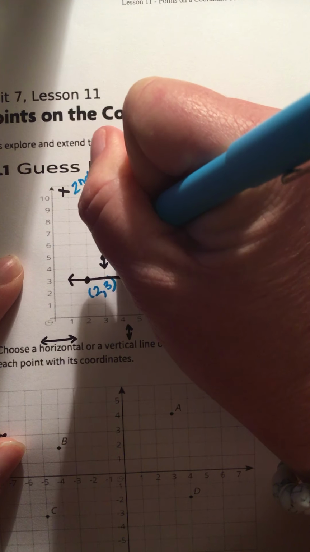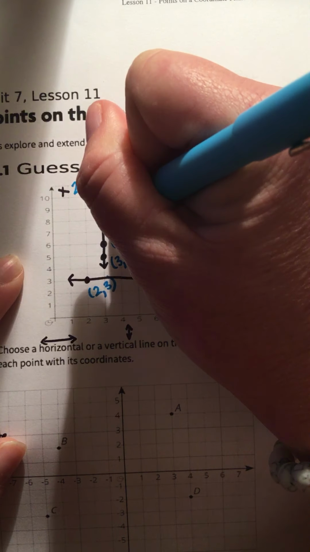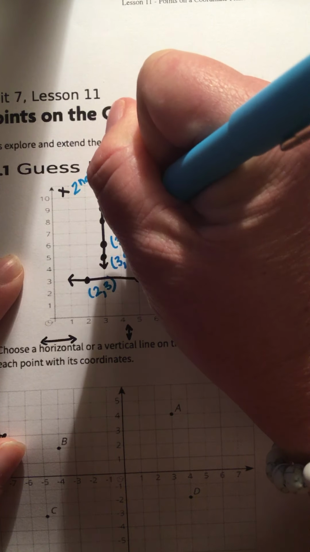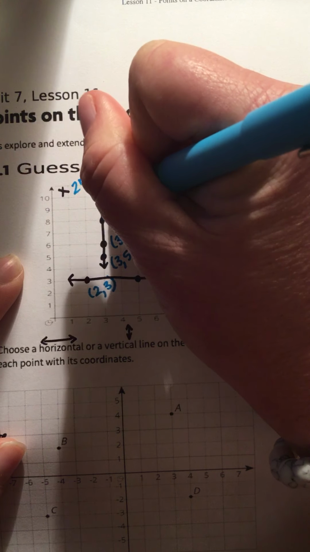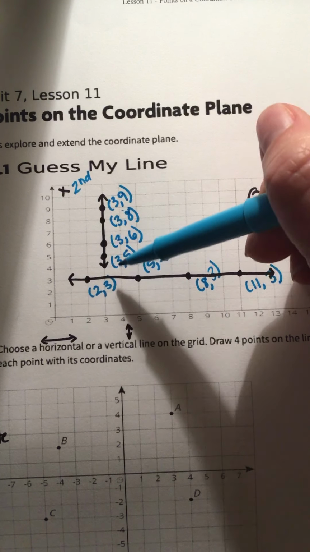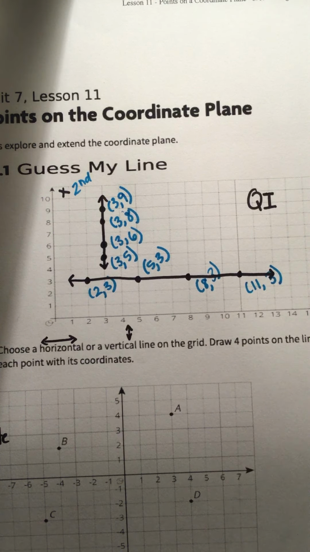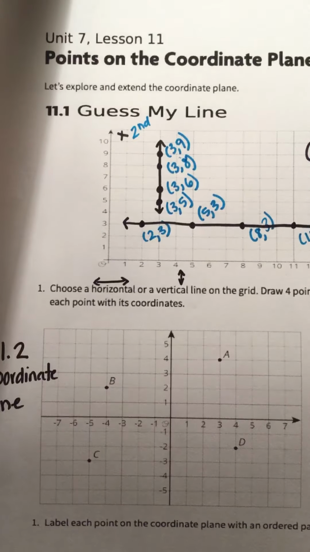The next one is 3 to the right, 6 up. The next one is 3 to the right, 8 up, and the last one is 3 to the right and 9 up. Okay, again, all of these have the same x value, and all of these have the same y value. All right, let's go ahead and get into the actual coordinate grid.